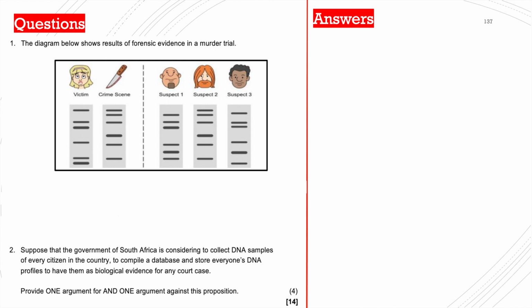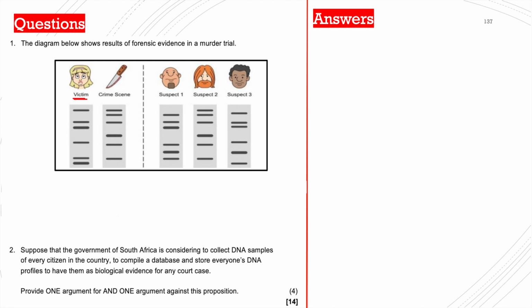Okay, let's study the diagrams before we look at the questions. So we have a DNA profile there of the victim. Okay, remember we said that we include the victim's DNA profile to isolate the DNA of herself and the DNA of the potential criminal.